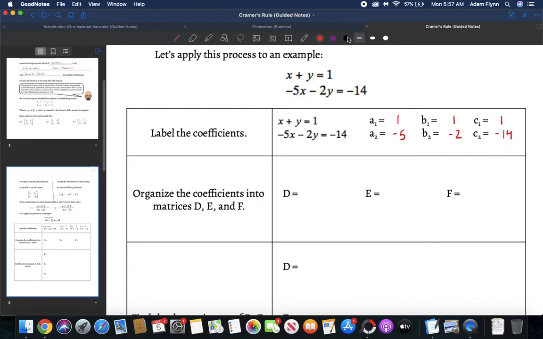Okay, so now what I can do is organize these coefficients into matrices. So for D, A is in the left-hand column, B is in the right-hand column, so I'm going to have 1, -5, and the right-hand column, 1 and -2.